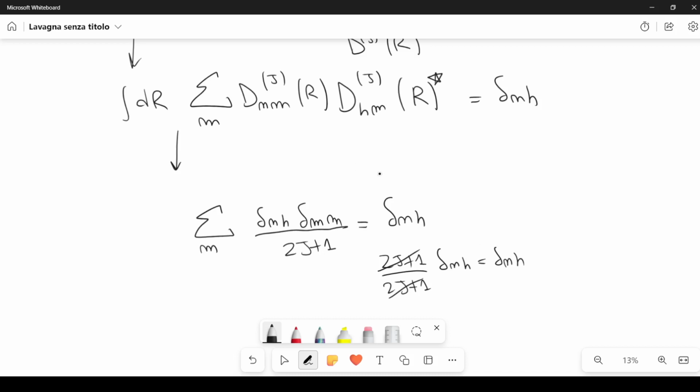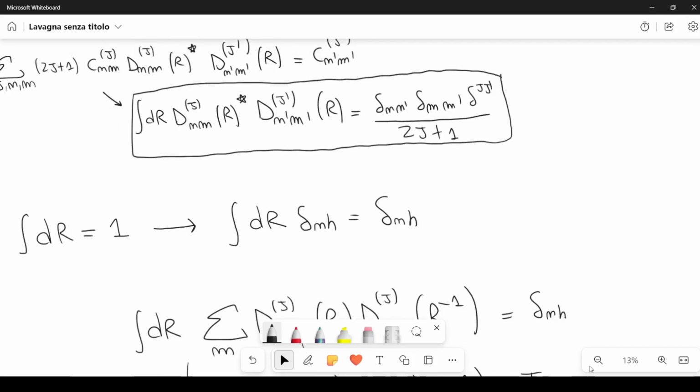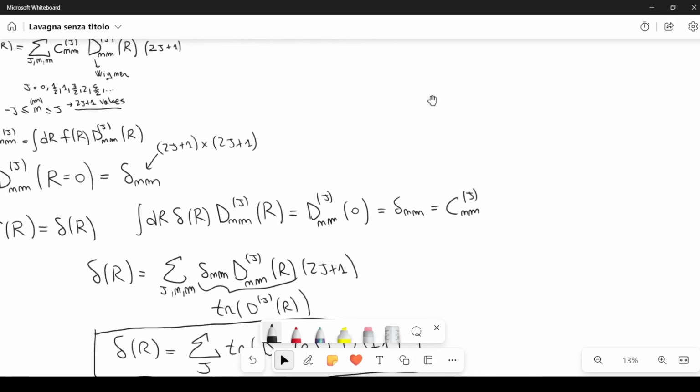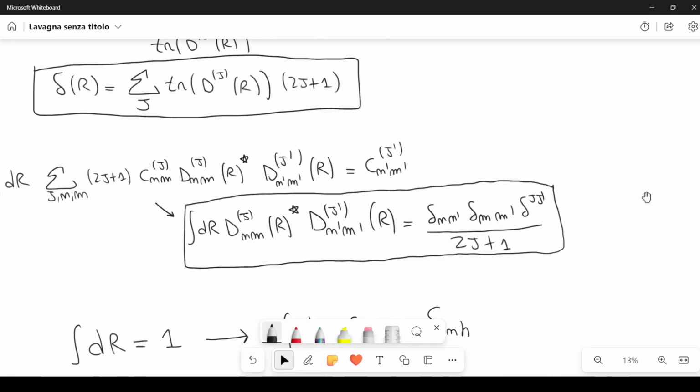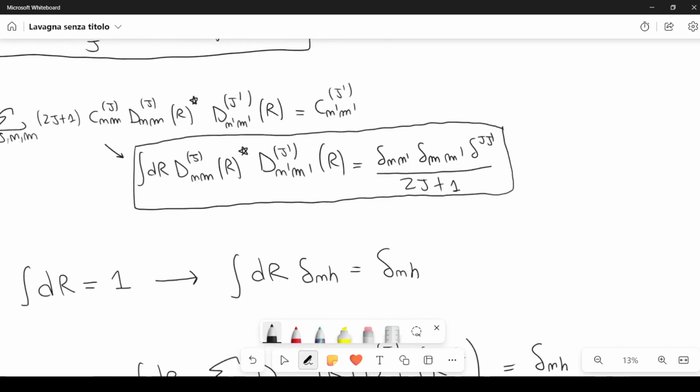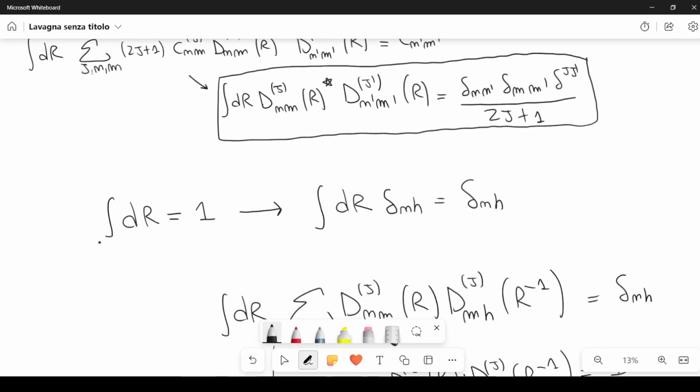And that's the reason why we have considered this factor 2j plus 1 here. This factor gave rise to this factor here in the denominator, and the importance of this factor is due to the fact that we have to impose, so we can impose the integral over r equal to 1.